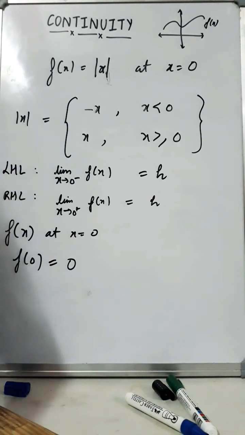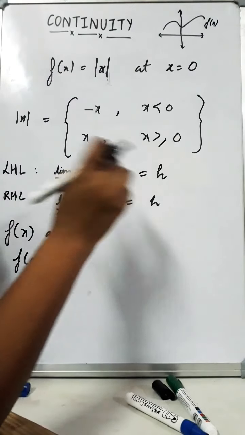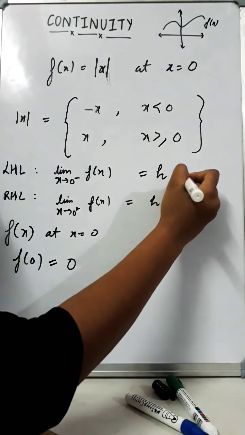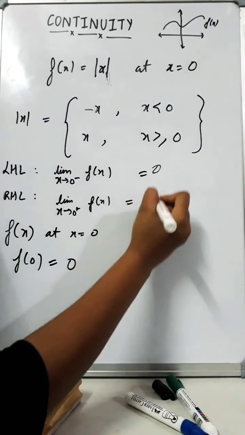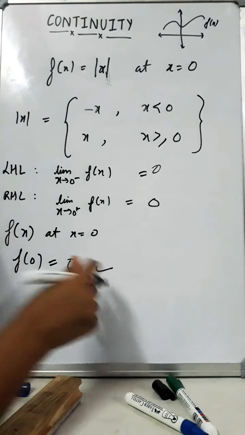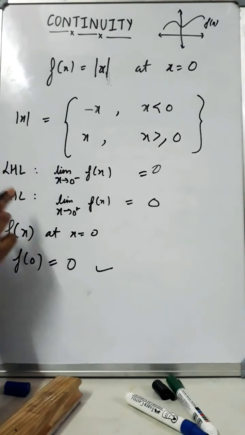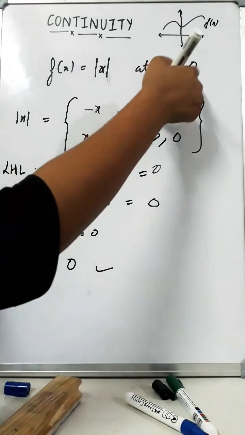So you got h, which is actually what? h is a very tiny value, an infinitesimally small value that is equivalent to 0. So somehow this is going to be 0 only. And at 0 also you got the value 0. So you got left hand limit equal to right hand limit equal to f(0). That means your function is continuous at 0.